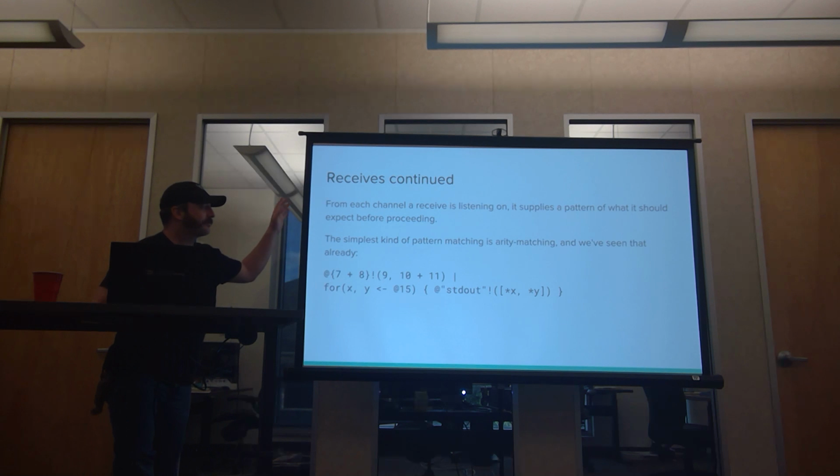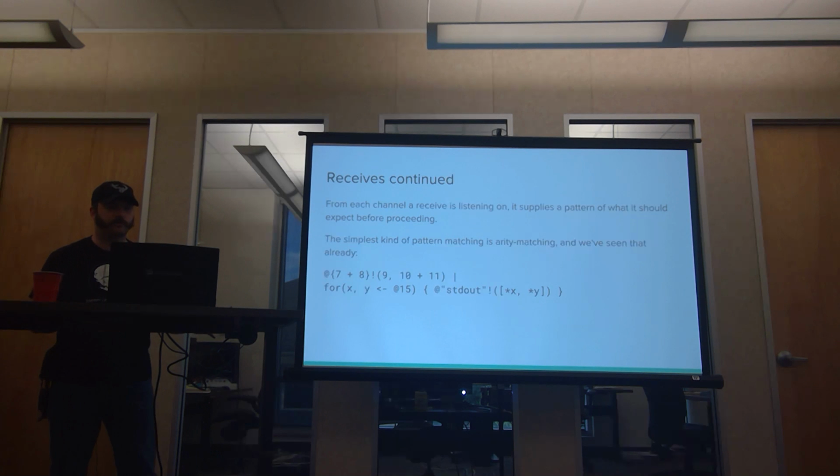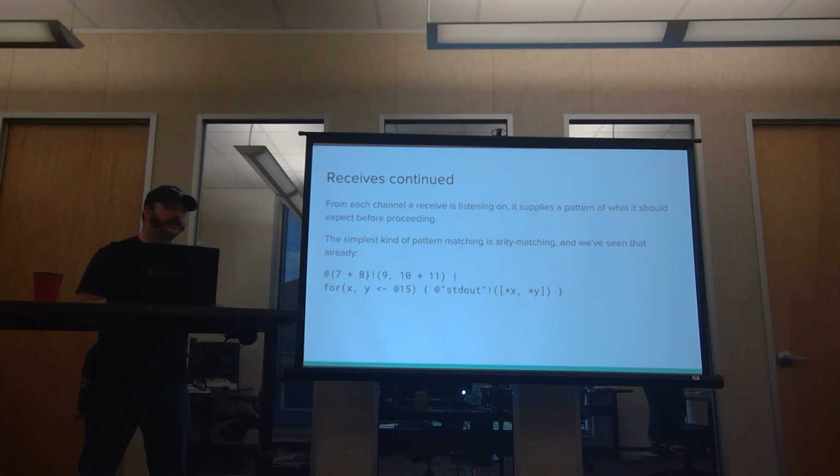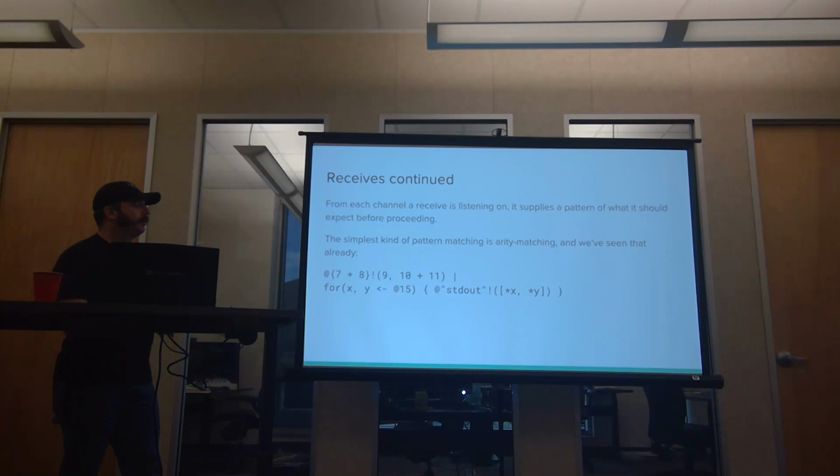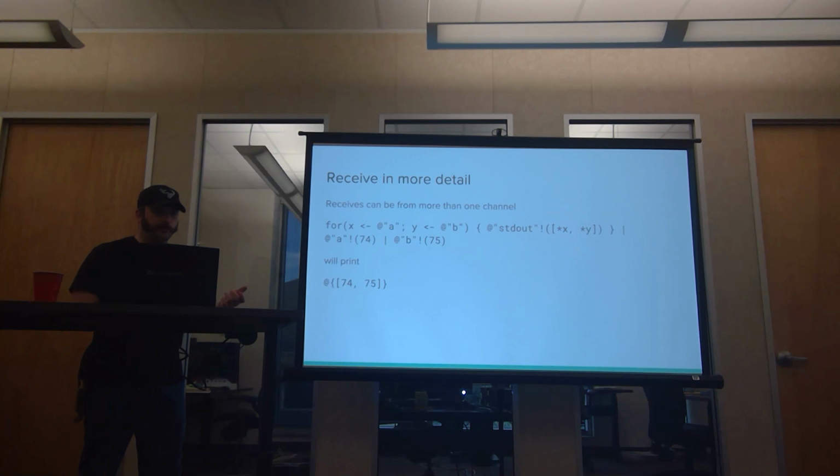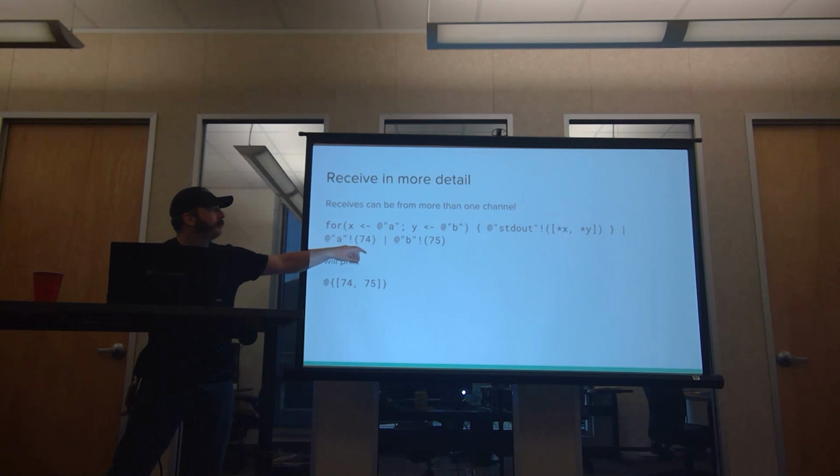All right, so receives are a little bit more complicated than sends, so there's more information. That's because of patterns. In general, it's been looking like we can get a variable from a receive, and we send a single thing.